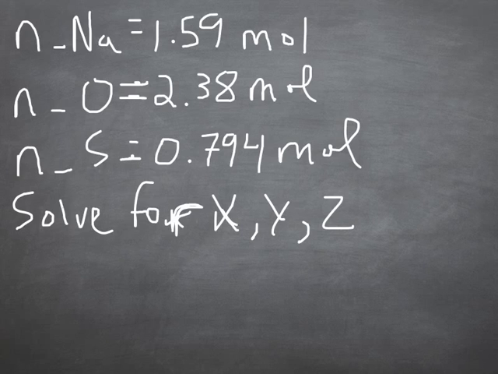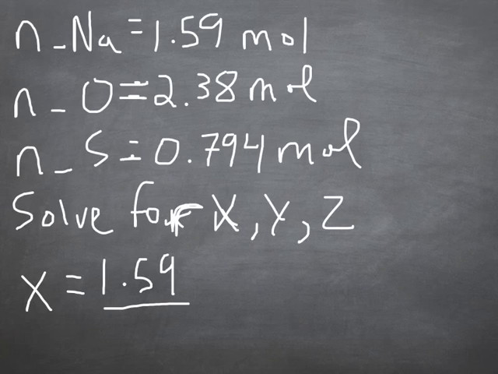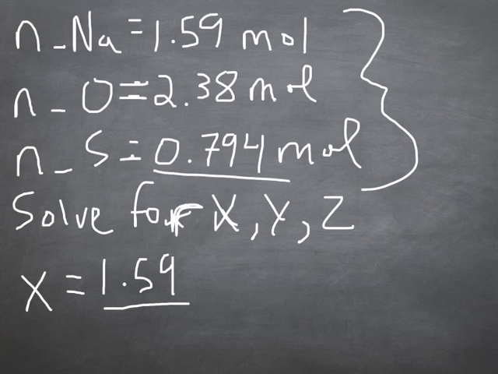For x, it's going to be the number of moles I have for whatever is associated with x, in this case sodium, 1.59. And I'm going to divide that by the lowest number of moles from the ones that I calculated, which in this case is 0.794.